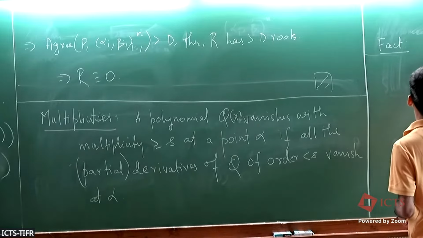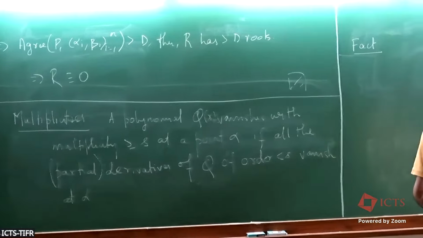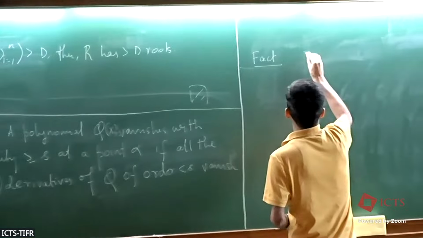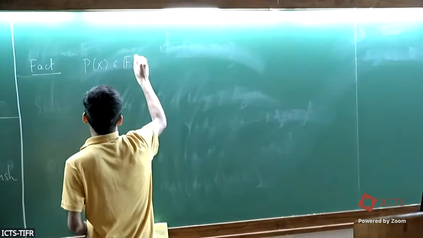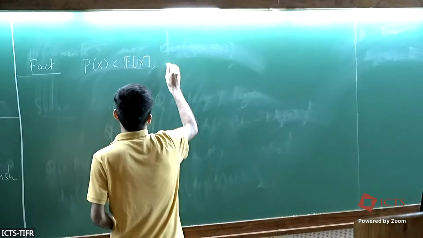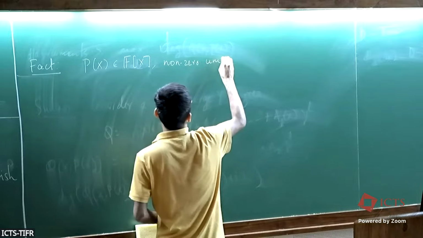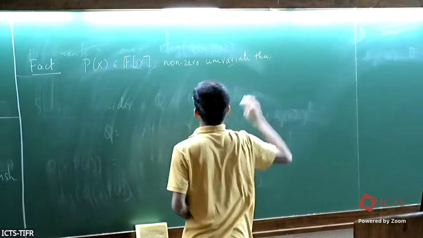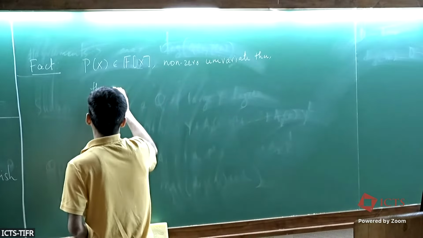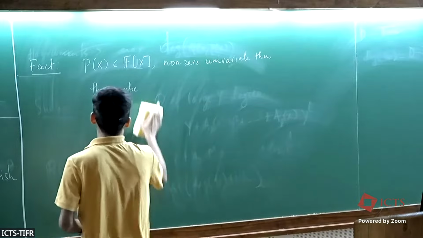Let me write it this way. Let's say p of x is a non-zero univariate polynomial.